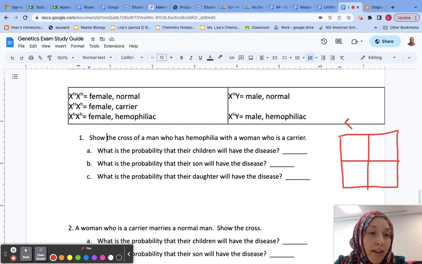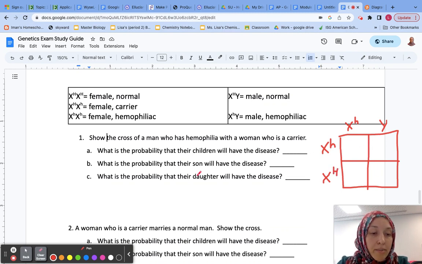It would be X with hemophilia and a Y. Those are the two sex chromosomes that he can pass on. And then a woman who is a carrier, she can either pass on her X with hemophilia, or she can pass on her X that is healthy because she's a carrier, she's heterozygous, she has one of each.